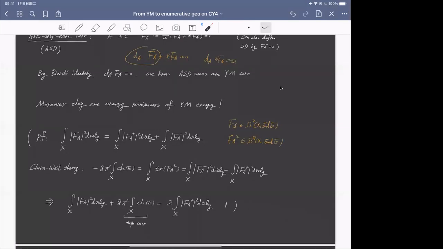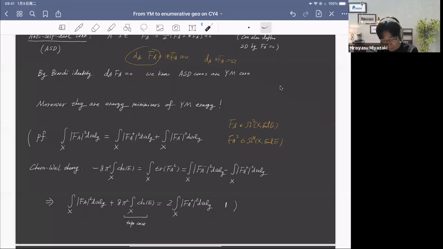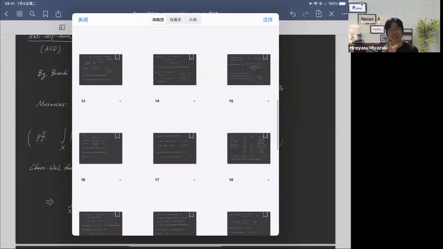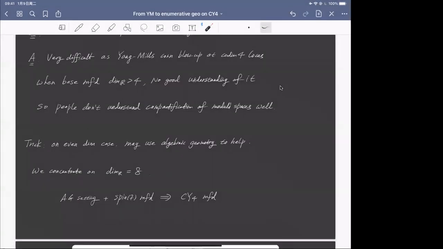Is there any heuristic correspondence between the dimensions?